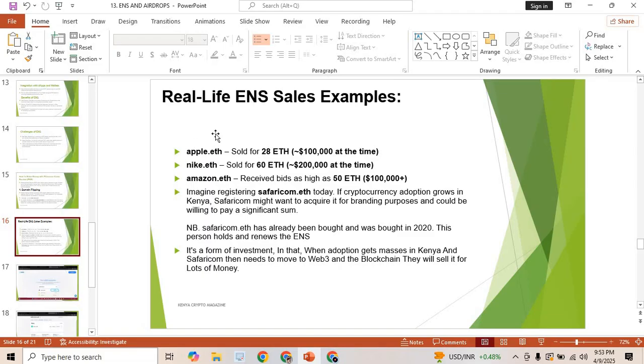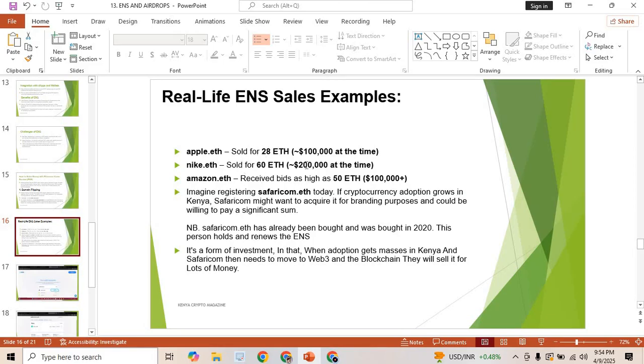Then you have Nike.eth. Someone bought this, and you can Google it. They held this ENS until Nike was moving their system to the blockchain, to Web3, and they were in dire need of this ENS name. So they approached the guy who owned it, and he sold it for 60 Ethereum.